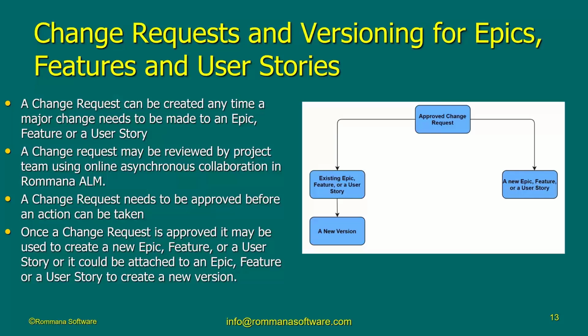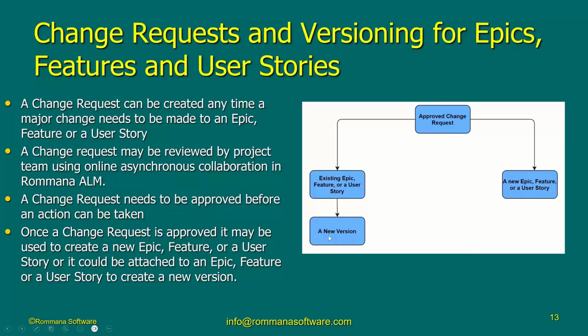All right. The other way in which you can use a change request after it has been approved is that someone can say, okay, we need to take the existing user story and make changes to it. But because that user story is already in development, we're not going to change it, but rather we are going to create a new version of that user story.